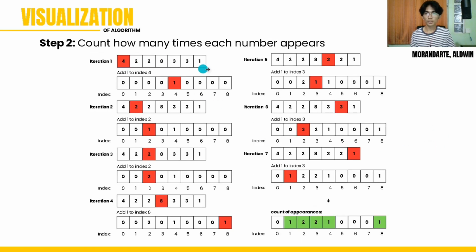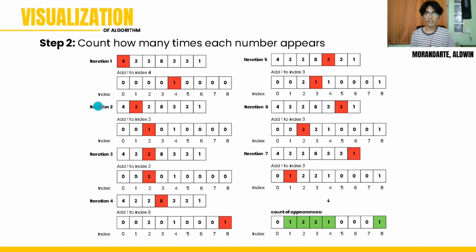In iteration 1, we look at the value of the first element of the sample array and add 1 to the index equivalent to that value. So here we have 4, and then going to the count array, we iterate until we reach index 4, and we add 1.